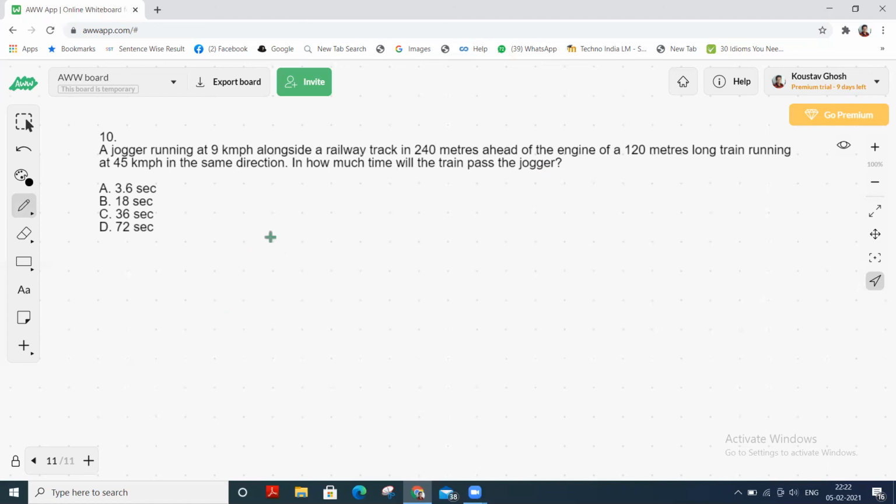So the speed of the train relative to the jogger is 45 minus 9, that is 36 kilometers per hour. 36 km per hour means 36 into 5 by 18, that is 10 meters per second.